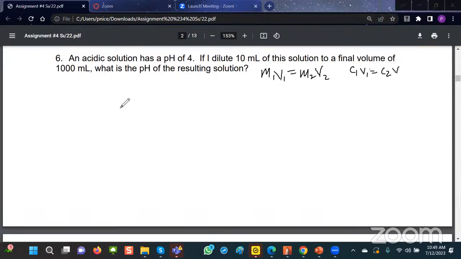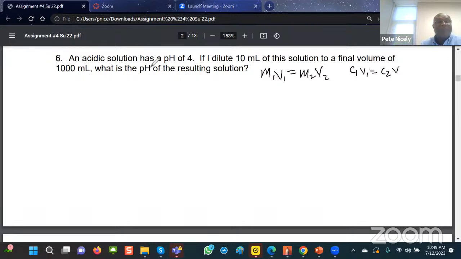I could be completely wrong here, but I'm thinking maybe the negative log of 4. Why are you starting with negative? Come on. Maybe the negative log of 4. Okay, so the pH is equal to minus log of the concentration of H plus, right?